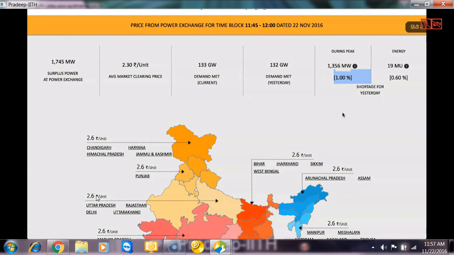So right now, 12 o'clock in the afternoon, I think in most of the country the air conditioning is not running because it's the winter season. But imagine summer season, 12 o'clock, there will be a lot of air conditioners running, and then there will be a lot of power demand. So the demand will not be 133, it will be maybe as high as 160 also. Okay, so that is the first overview you are getting.